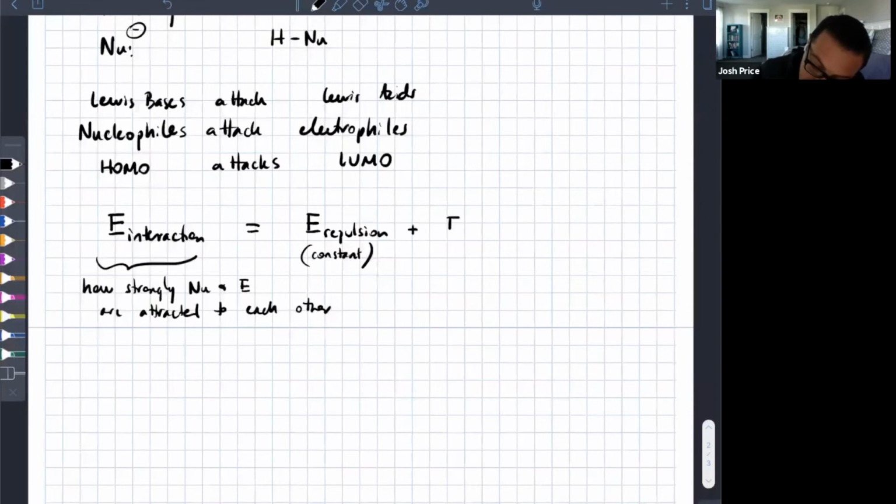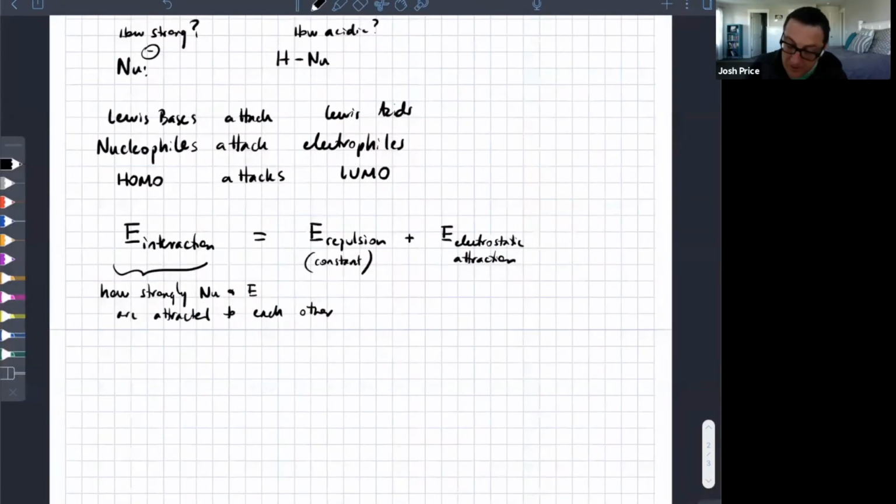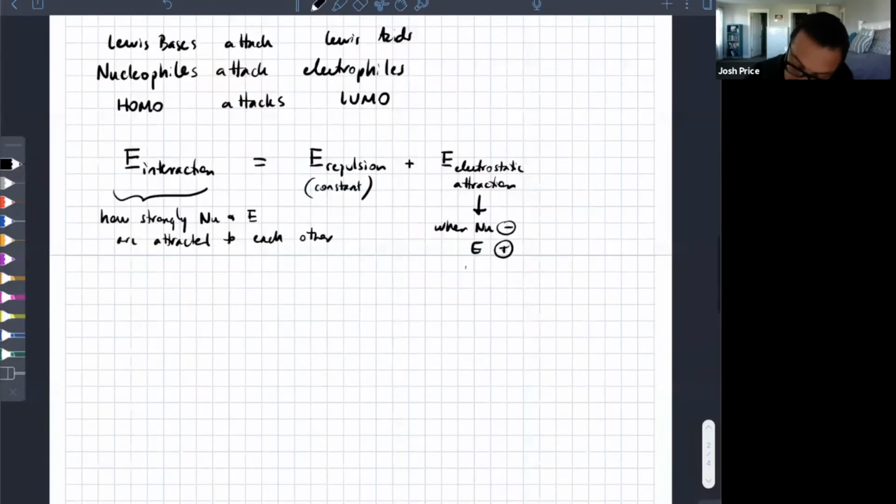Then there is an electrostatic attraction term. And this comes into play when the nucleophile is negatively charged and the electrophile is positively charged. And in that case, that electrostatic attraction is just Coulomb's law.